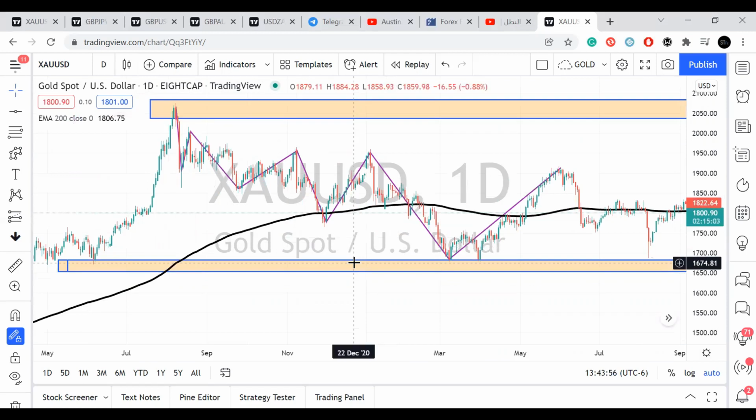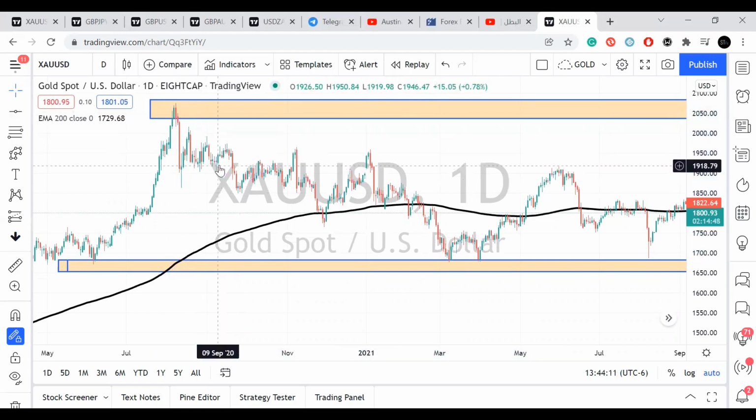But I want to point out the two significant structures here. The one where price from here dropped down, and the one where price from here dropped, pulled back, then gave us this low.